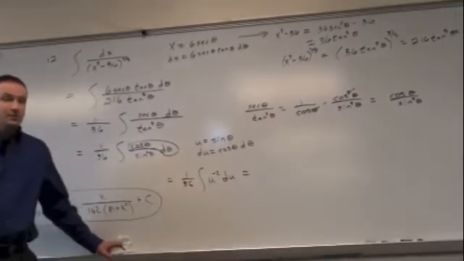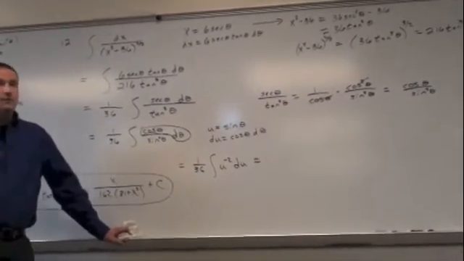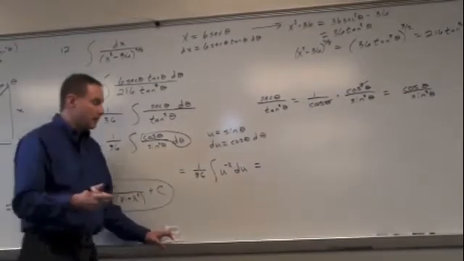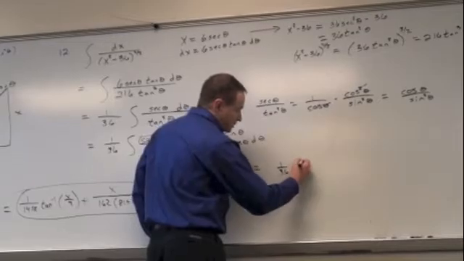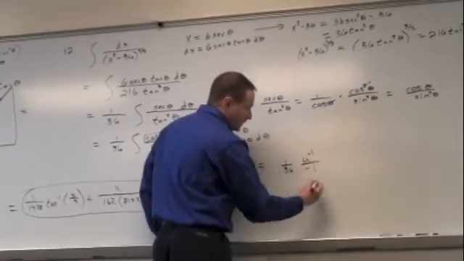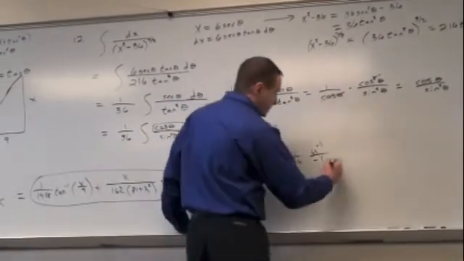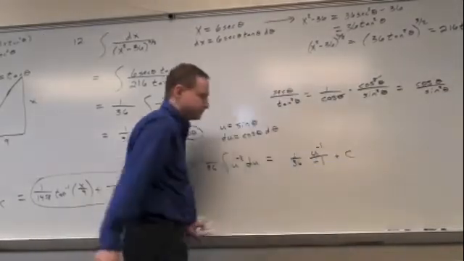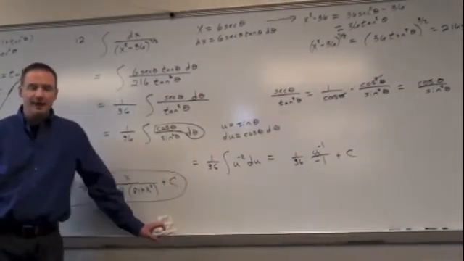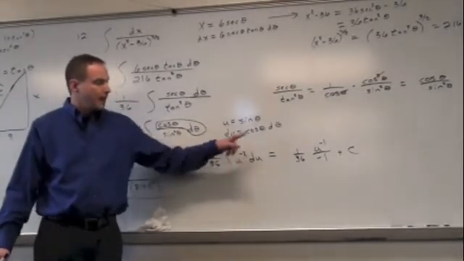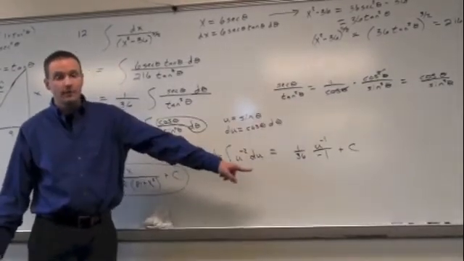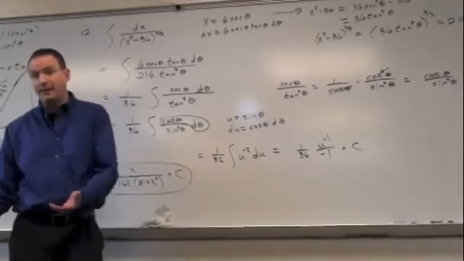And then, guys, we can just use the power rule. So the integral of u to the negative 2 is going to be 1 over 36 times u to the negative 1 over negative 1 plus your constant of integration. Well, u to the negative 1 over negative 1, that's just the power rule. I know u to the negative means the u belongs in the denominator, and it's going to be a negative.